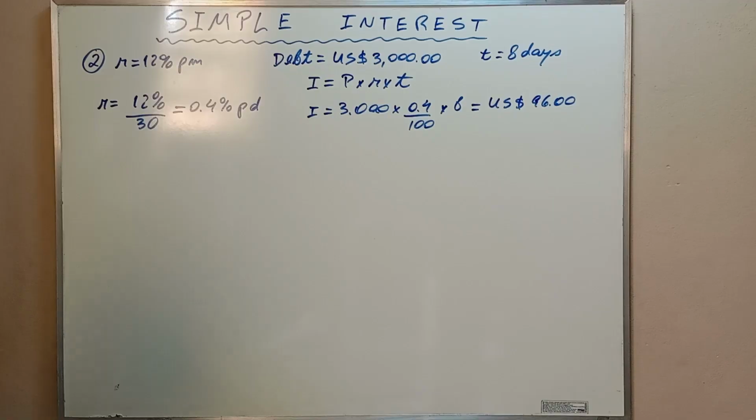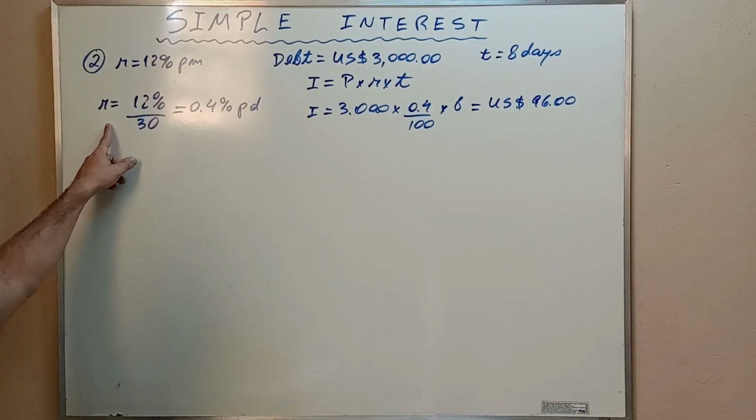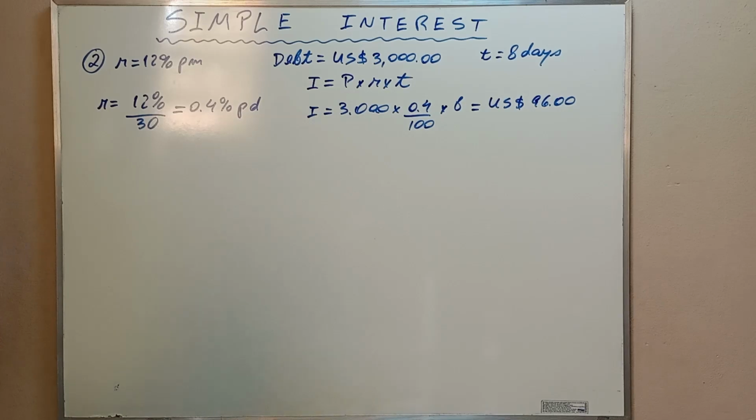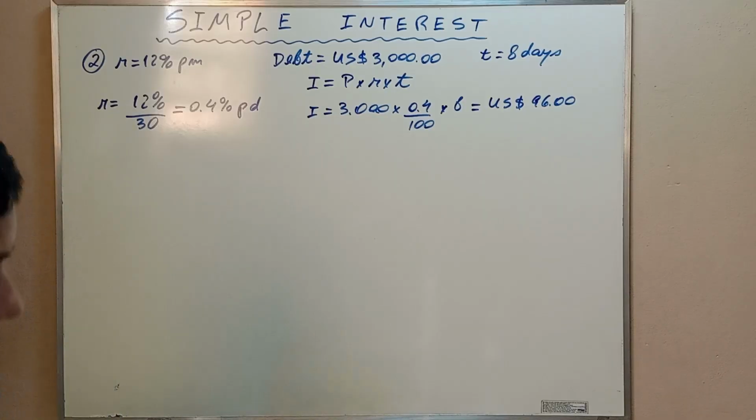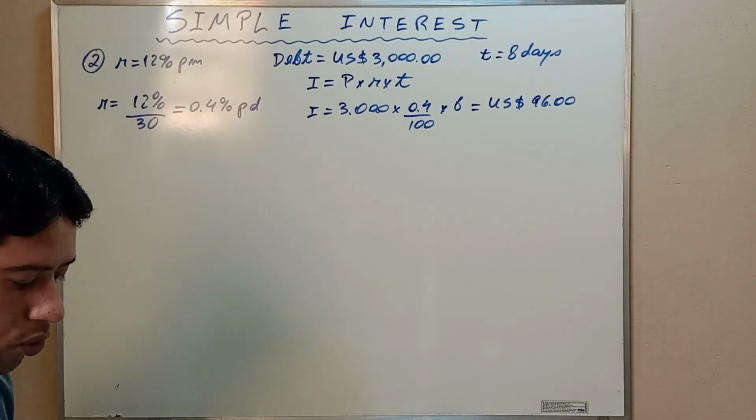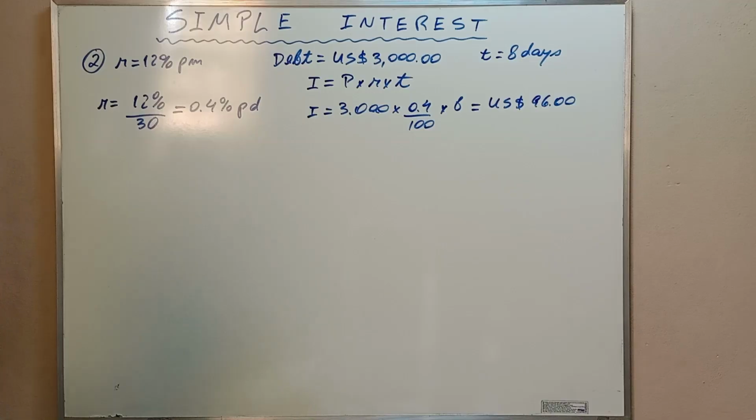All right, so this is the interest in dollars, and this is the interest rate. But it is not what the exercise wanted us to calculate. The exercise wanted us to calculate the amount payable after 8 days after the due date.